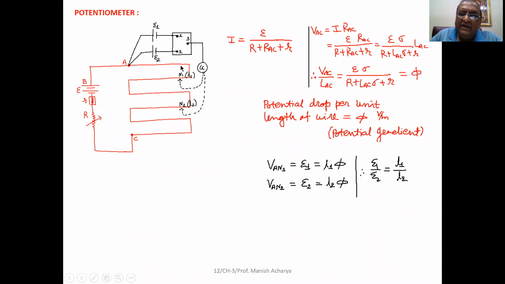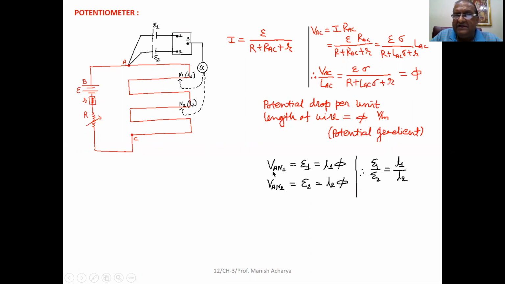And when you are getting the null point, that means through the galvanometer the current is not flowing, that is, through the cell the current is not flowing. So whatever potential difference is obtained between the two terminals A and N1, which is L1 into phi, is exactly equal to the EMF of the cell.